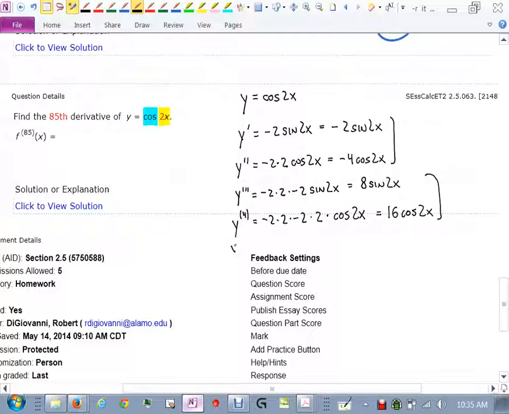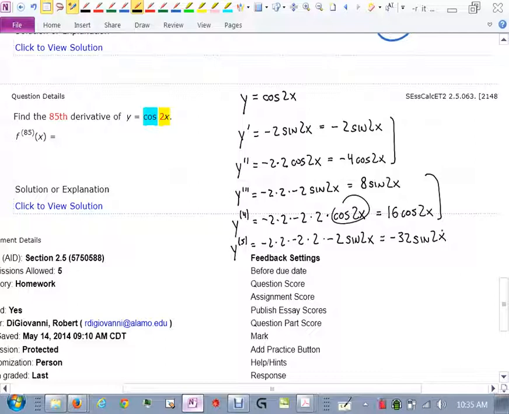Let's see what would happen if we do the fifth derivative. Of course, I'm not going to go all the way to 85, but I would get negative 2 times 2 times negative 2 times 2 times, now when I take the derivative of this, that would pop a negative 2 out, and then I'd have sine 2x. So now I have 3 negatives in there, so I'm going to get negative 32 sine 2x.